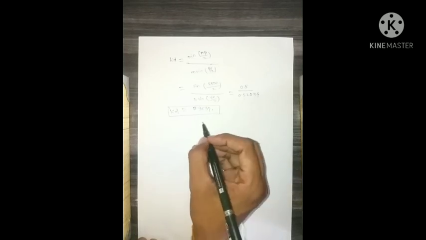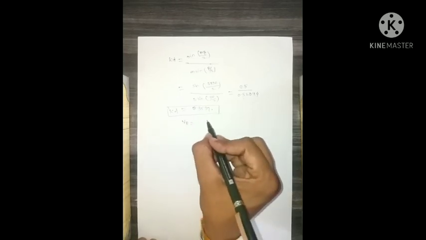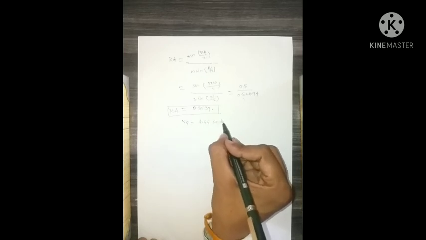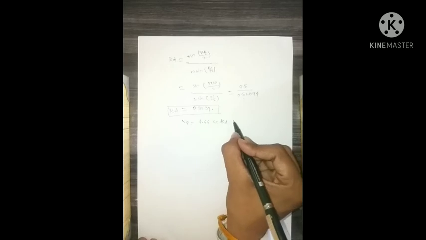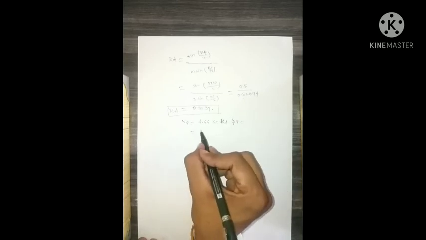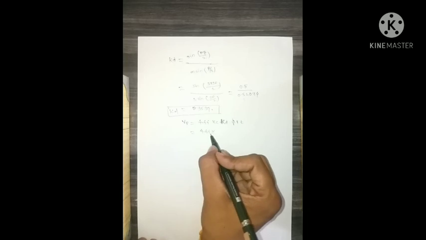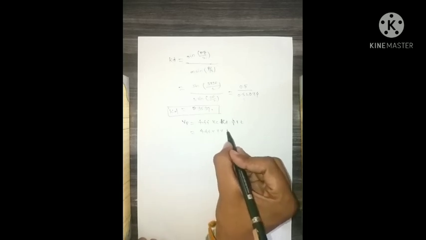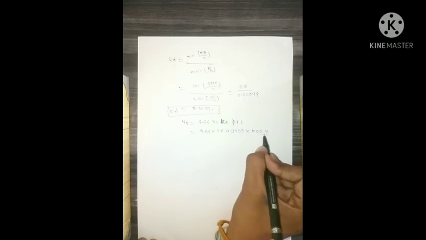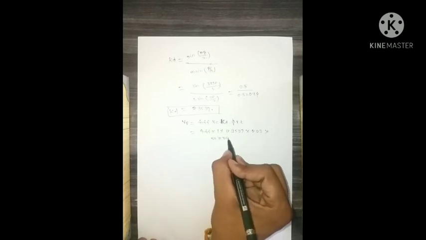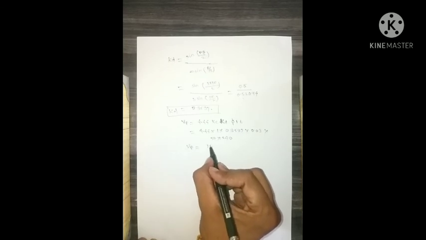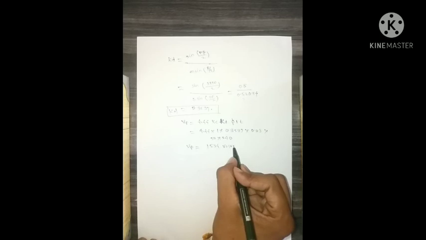Now we have to calculate Vp, the phase voltage, and the formula for the phase voltage is 4.44 Kc Kd phi f T. By putting all these values, we will get 4.44 into 1 into 0.9597 into 0.03 into 50 into 240, and after solving this we will get Vp equals 1534 volts.